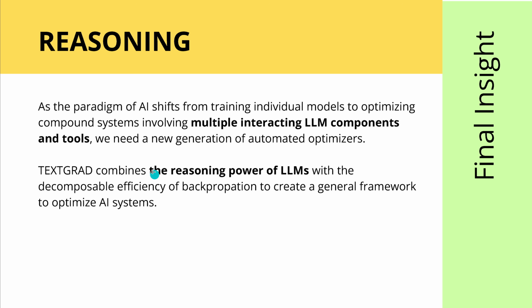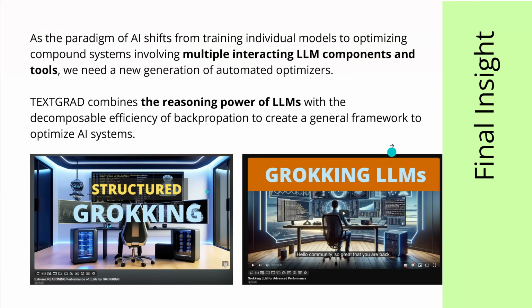Now, TextGrad combines here the reasoning power of LLMs with the compositional efficiency of backpropagation to optimize the system. But you see here, the crucial word where it all hangs on is the reasoning ability of LLMs. And I find this so fascinating because, just a week ago, I showed you here 2 videos about how you can improve the reasoning performance of LLMs by grokking, and what it means and how you do grokking LLMs for an increased performance.